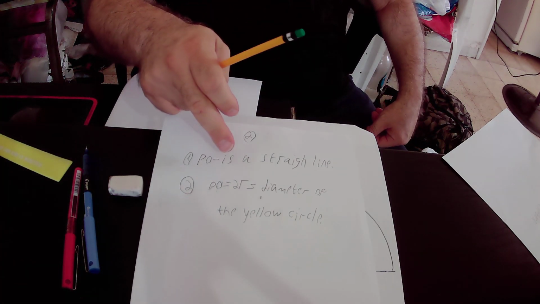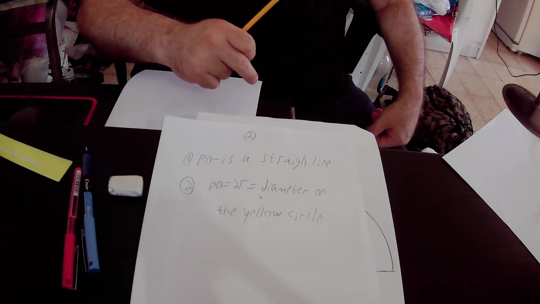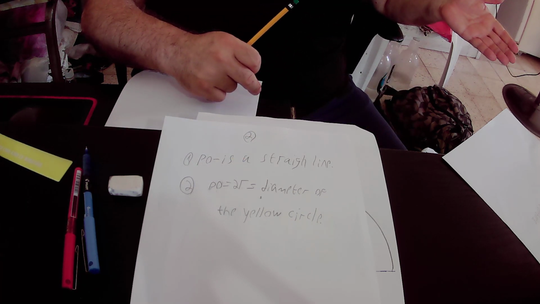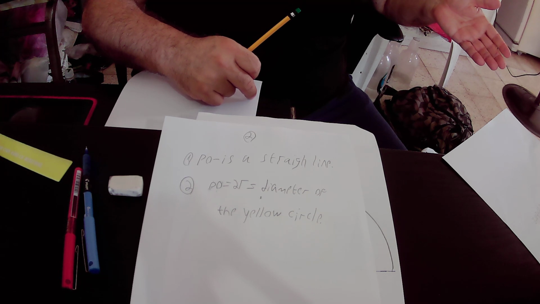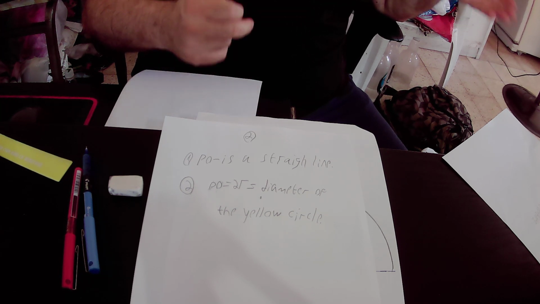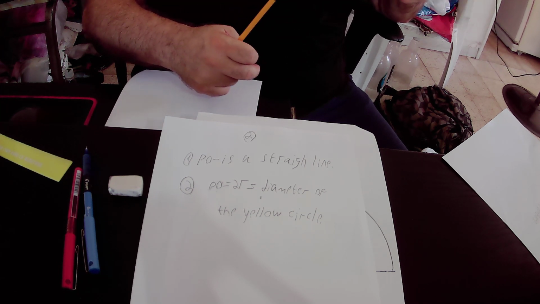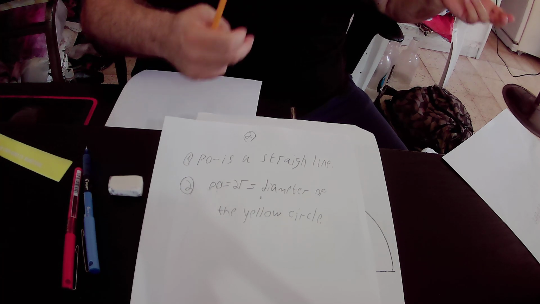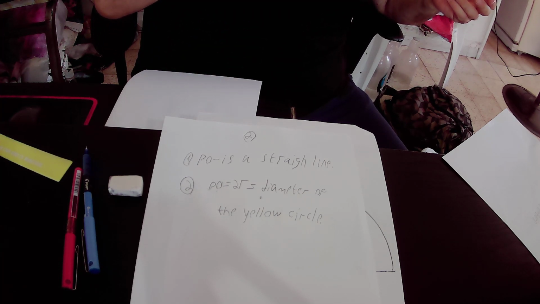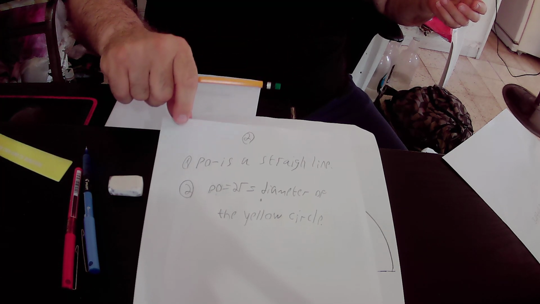PO equals 2r. That is the diameter of the yellow circle. The diameter of any circle is defined as 2 times r. Okay?